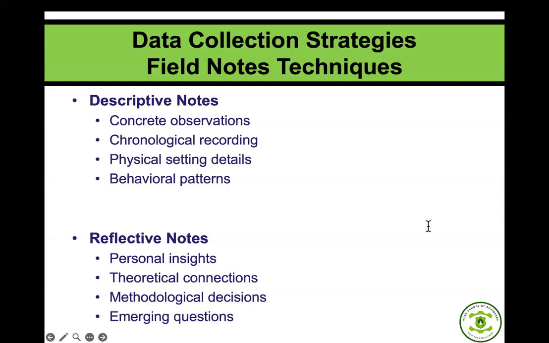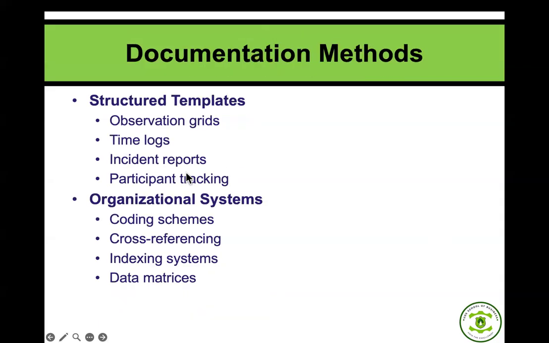When you start seeing connections or patterns emerging from your observations, you note it down. When you see theoretical connections, you have a theory you are using, and now you see that playing out, this is where you link what you are seeing with the existing theories you have already reviewed. You make your notes. In terms of the methodology, there may be some decisions you also have to document, everything such that nothing would escape you.